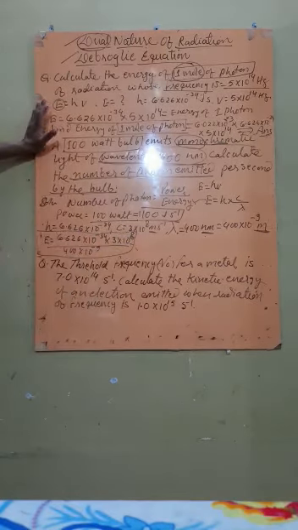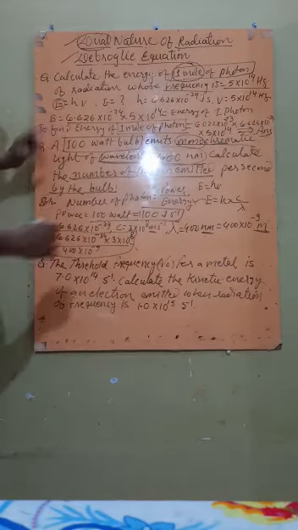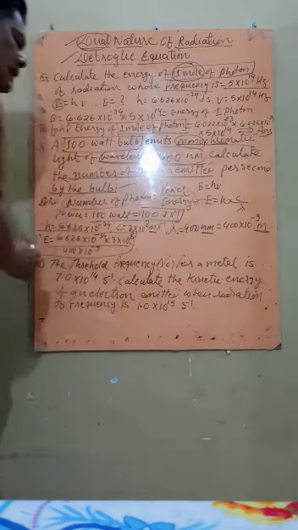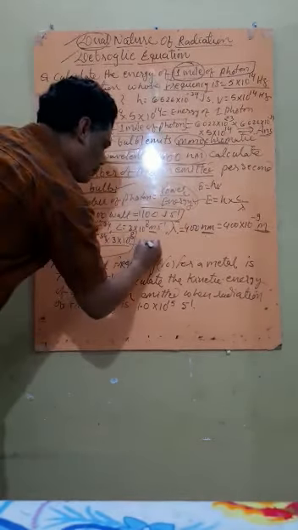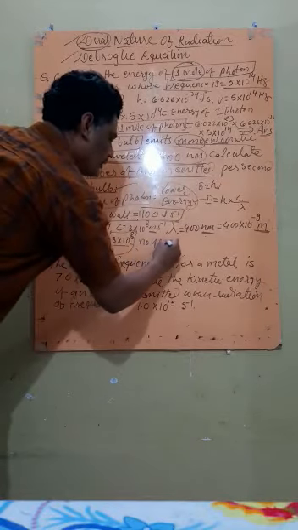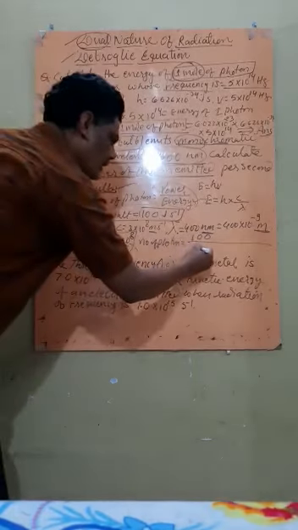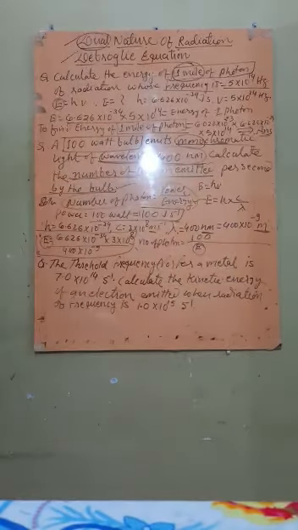Now place this value to find the number of photons, power upon energy. So number of photons is equal to power, 100, divided by the whole value of E. Place the value of E and then solve. You can get the answer.